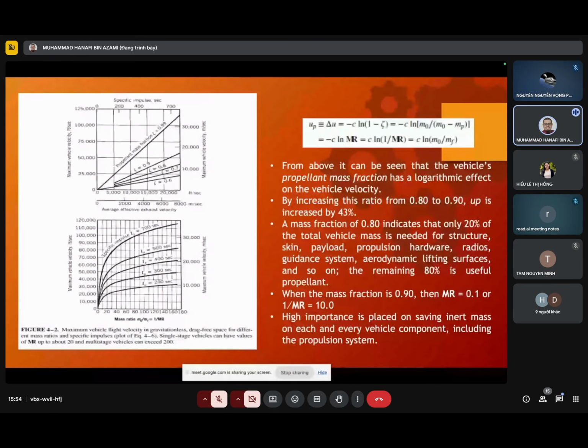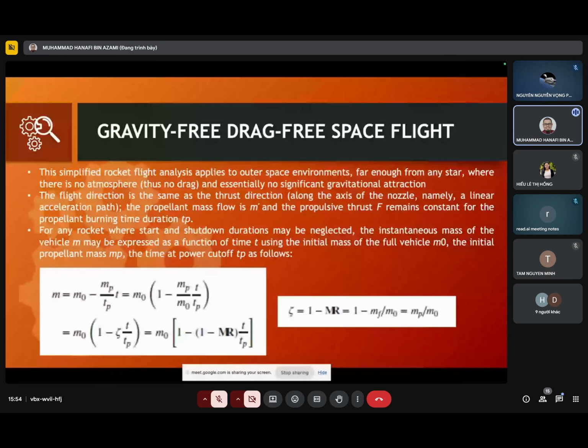Look at the graph here, the first graph. By definition, zeta is mp over m naught. If zeta is high, it means that you are bringing more fuel, so the mass of the propellant is high.